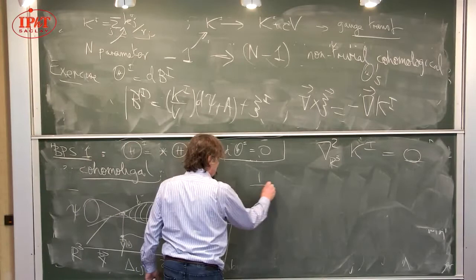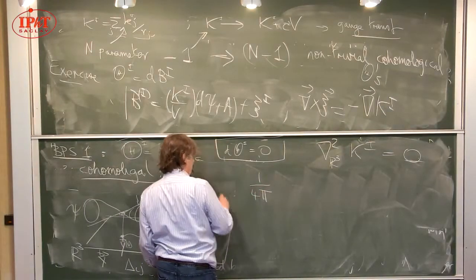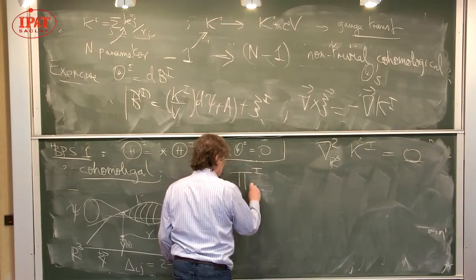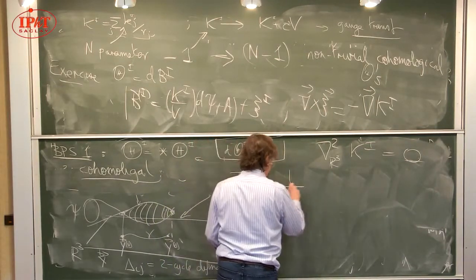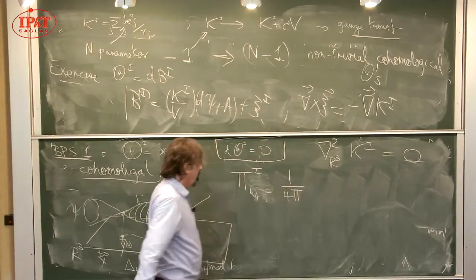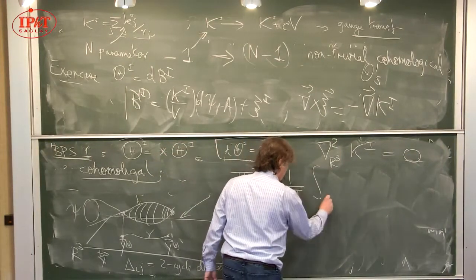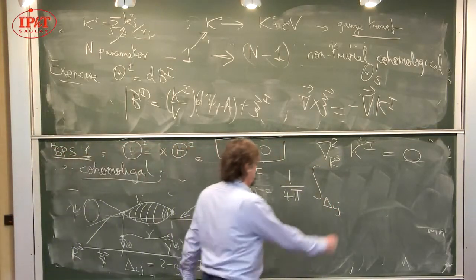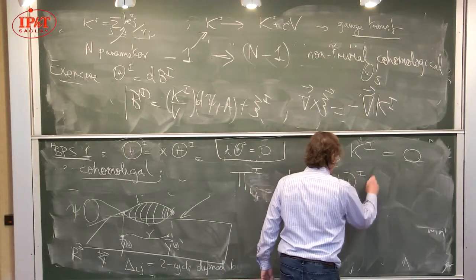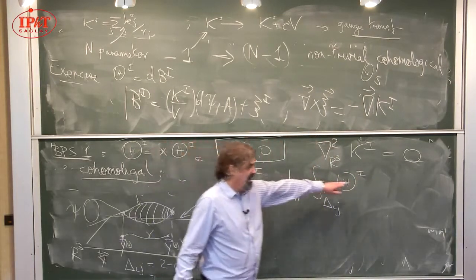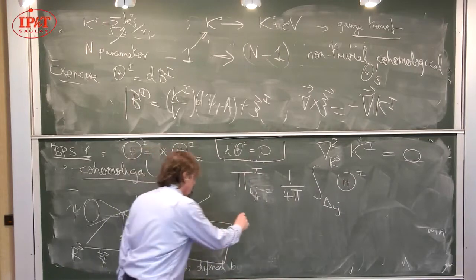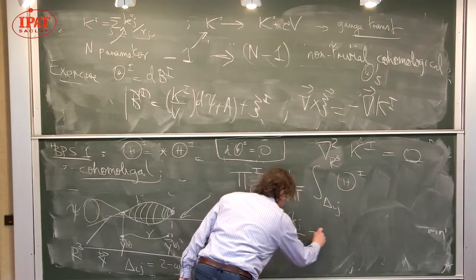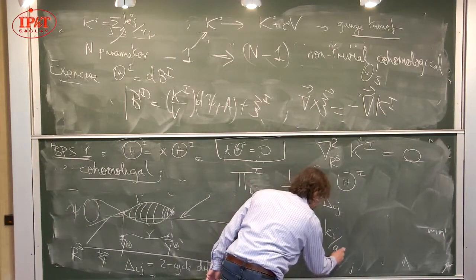The exercise is to calculate those so-called period integrals, which I'll call the fluxes Pi_ij, defined to be the integral, normalized by 4 pi, over the cycle I call Delta_ij, this guy, of theta_I. So, cohomological flux integrated over a 2-cycle. The exercise is to show that it is k_j over q_j minus k_i over q_i.